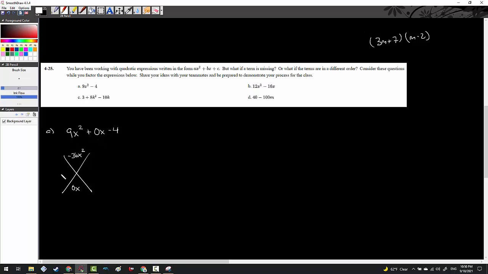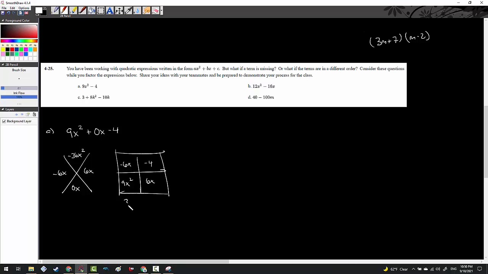And so now we have to think of two numbers that multiply to negative 36x squared and add to 0x. Well, that shouldn't be too hard. I believe negative 6x and 6x will do that. And then in the diamond, we'll just have a 9x squared and a negative 4, and then negative 6x and 6x.